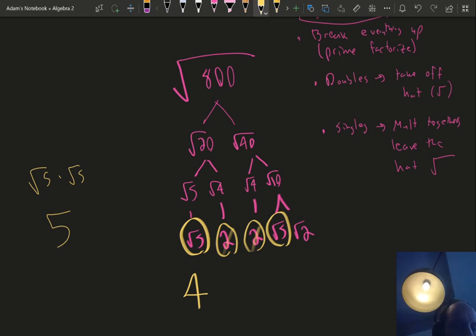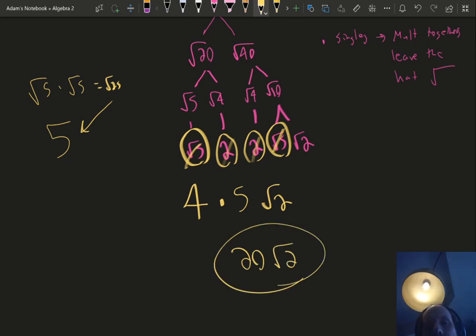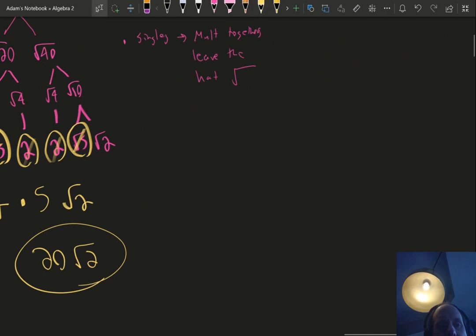If you get confused, think about it: 5 times 5 is 25, and isn't the square root of 25 just 5? That's one way to reason. Lightly cross that out, and then we have left over root 2. So that's 4 times 5 is 20, root 2.